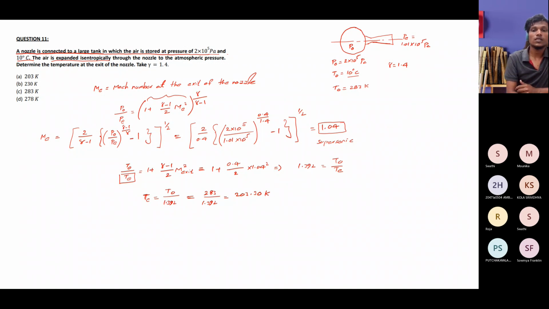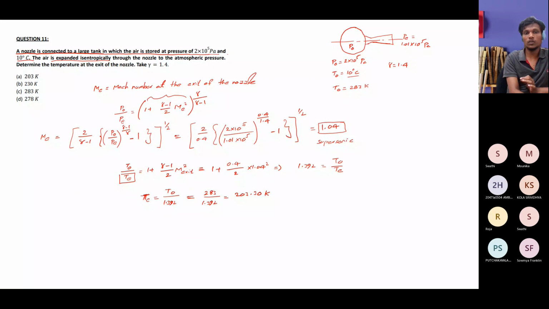As I said earlier, we have a cross verification here whether our value is correct or not. We have the initial temperature as 283 Kelvin, that is T naught, and the relations are isentropic, and we are looking for the temperature at the exit, and the flow has a supersonic Mach number, 1.04.